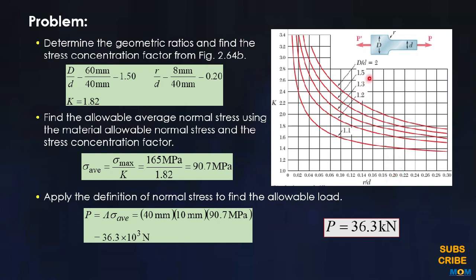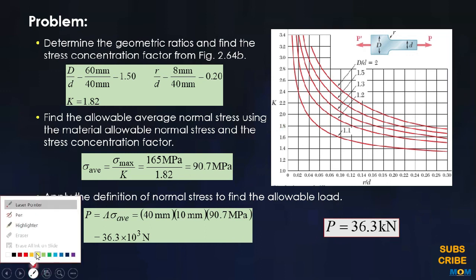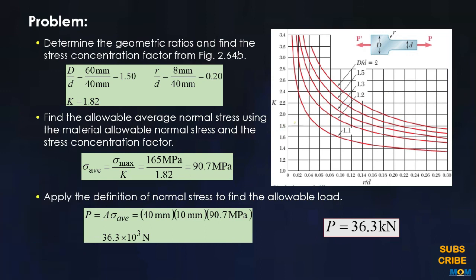The other, D upon d, is 1.5. This is the line that is 1.5, and we have to follow this line, and where it intersects the line of 0.2, we take that value, and horizontally we can draw, this is going to be the value of the stress concentration factor.